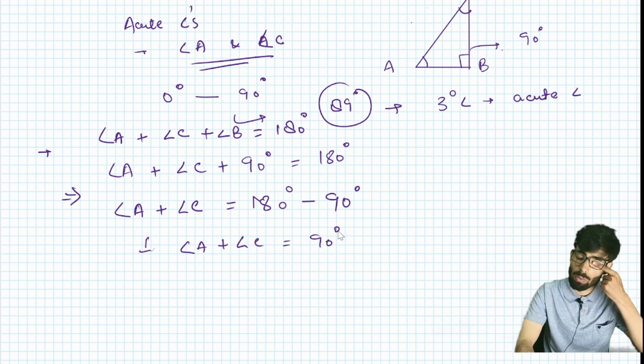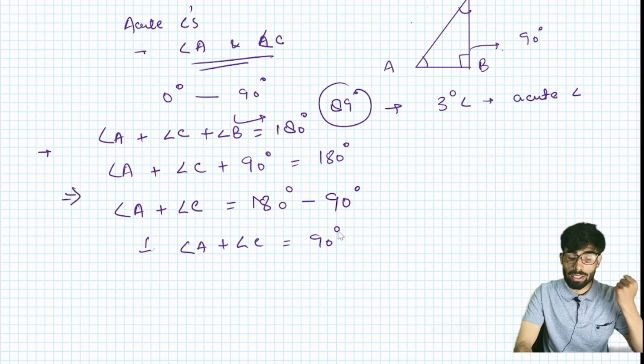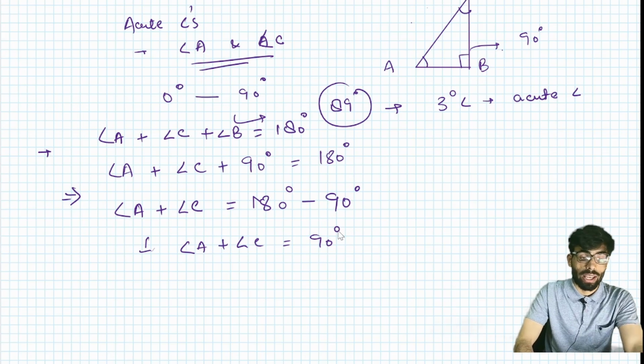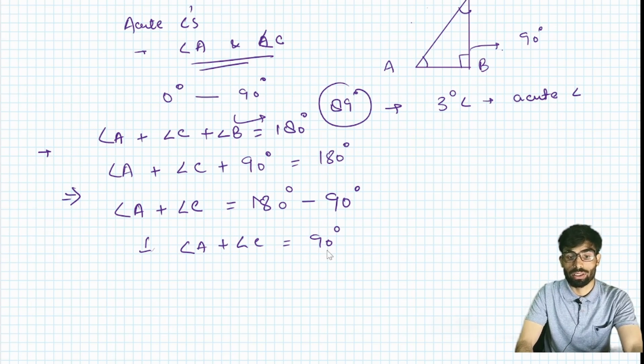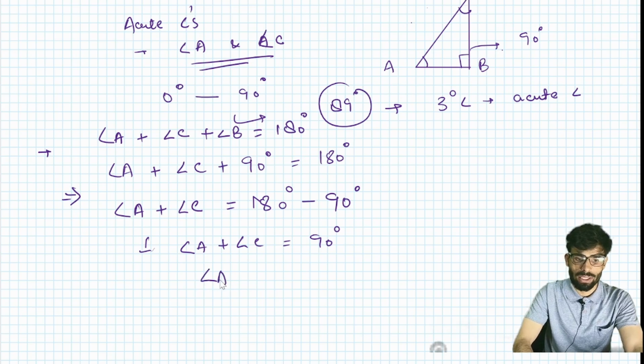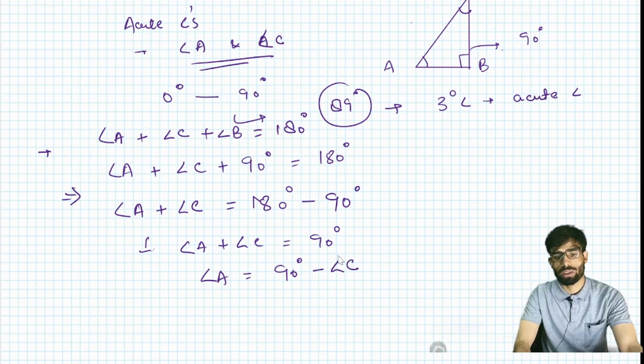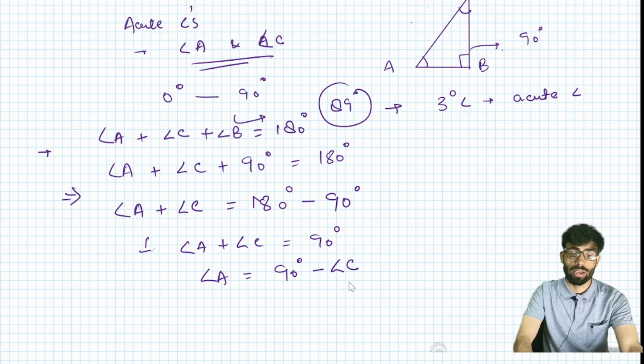That means the sum of angle A plus angle C here is 90 degree. That means both should be acute, because if I see them individually, angle A will be equal to 90 degree minus angle C, because it was plus, and after transposing it gets minus angle C.